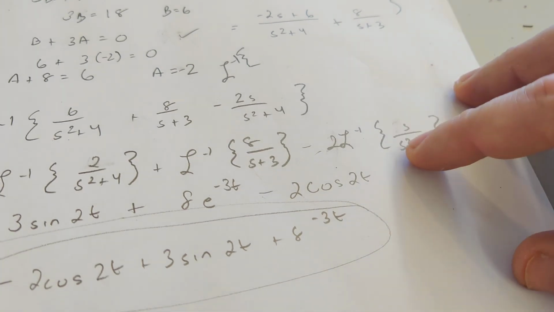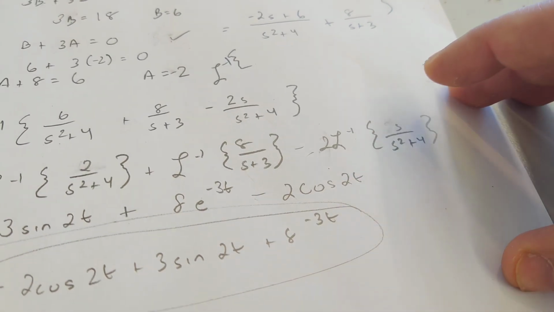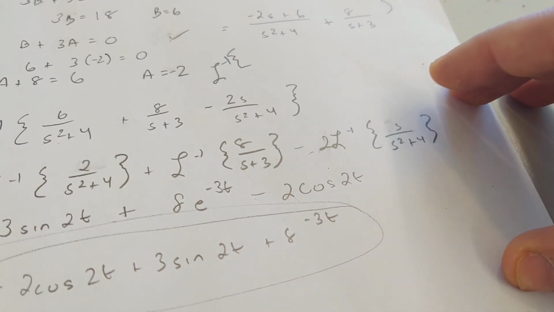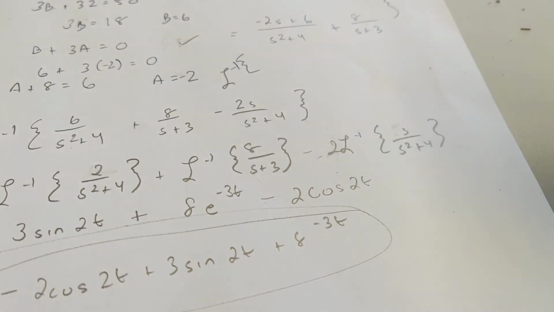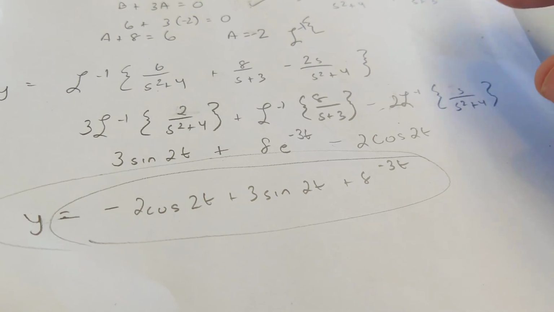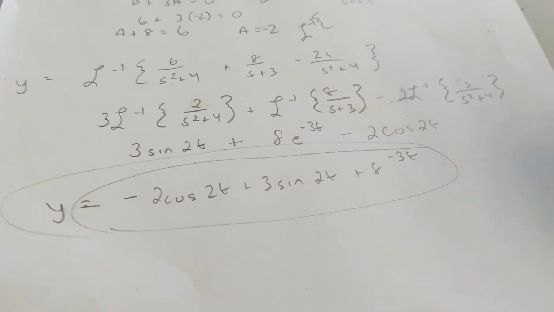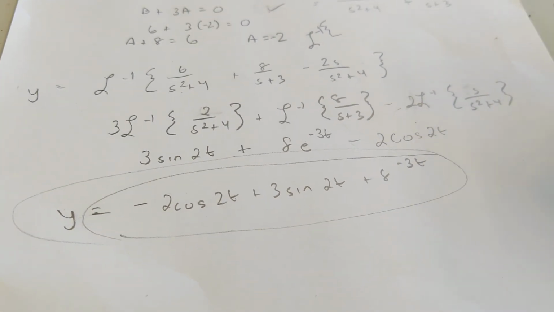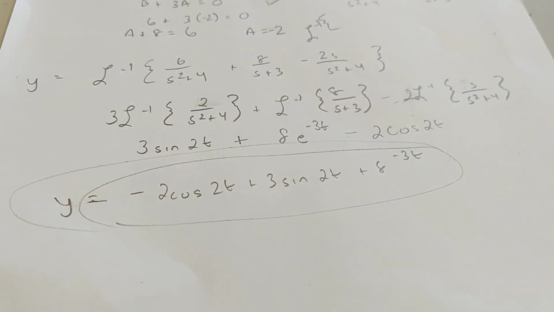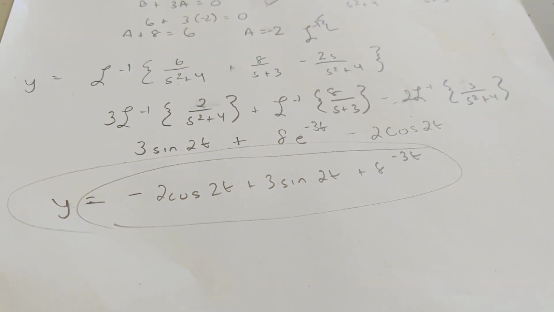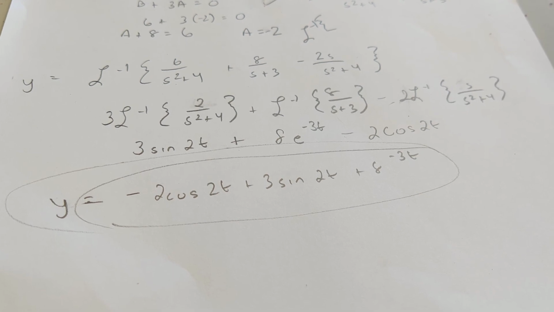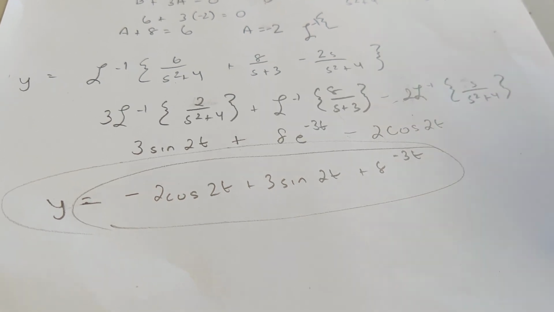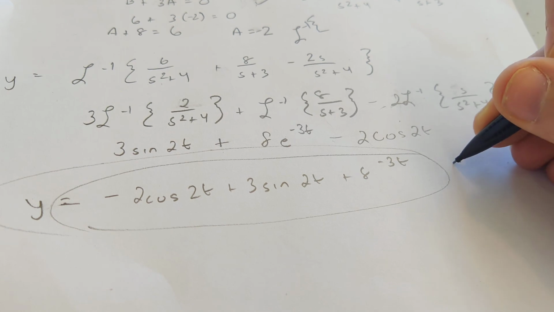And then minus 2 times the Laplace of s over s squared plus 4, so minus 2 cosine 2t. And then because I like switching around the order of the terms a lot, y equals minus 2 cosine 2t plus 3 sine 2t plus 8 e to the minus 3t, and that's the final answer.